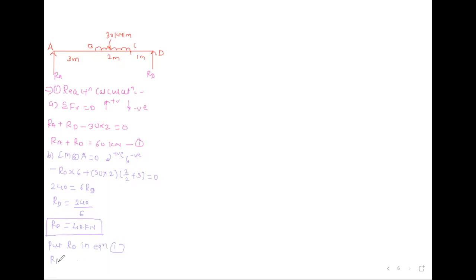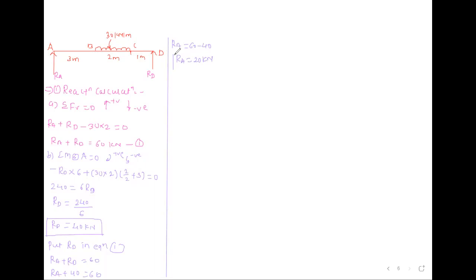So RA plus RD is equal to 60. So RA plus 40 is equal to 60. So RA is equal to 60 minus 40. So RA is equal to 20 kilonewton.